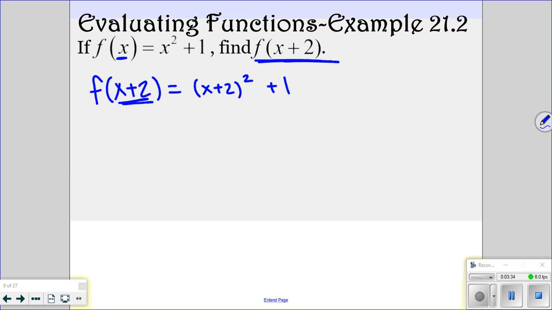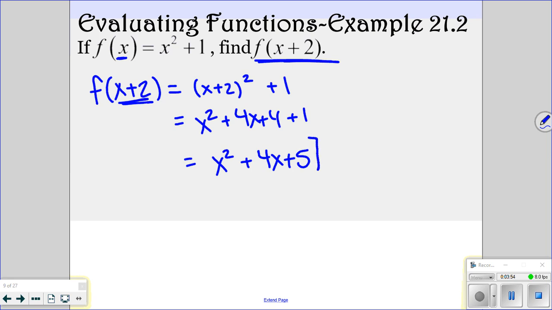Okay? So anytime you have x plus something, you need to put that in parentheses wherever your x was originally. From there, we're going to distribute. So we would have x squared plus 4x plus 4, and then plus 1, which is going to give you x squared plus 4x plus 5. And so that would be f of x plus 2. So that's how those work.